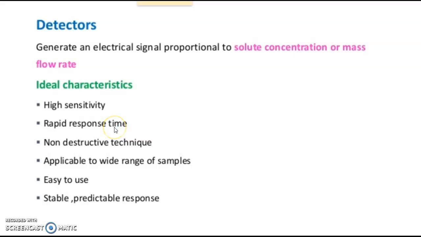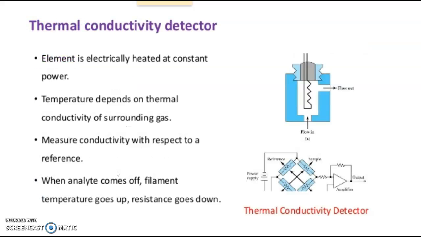Rapid response time, so we get the results in less time. Non-destructive technique. Applicable to a wide range of samples, easy to use, stable and predictable responses. So detectors should have these ideal characteristics, and then we have many types of detectors.